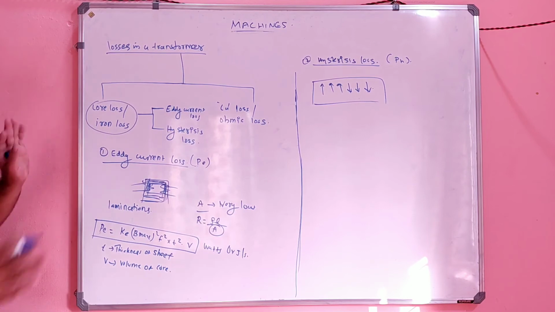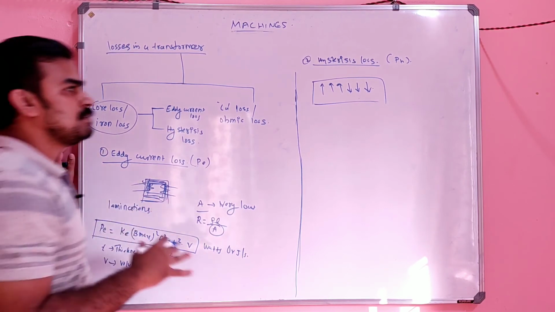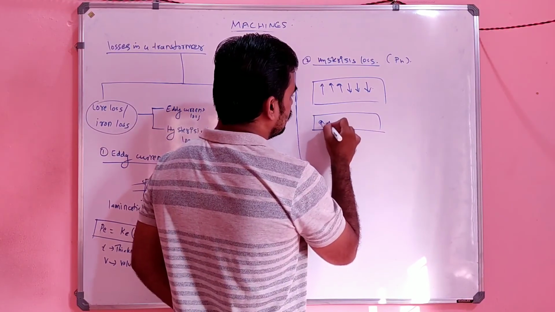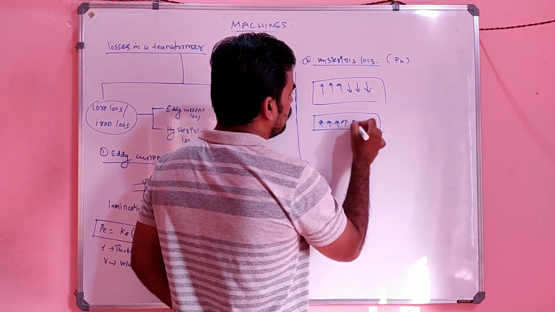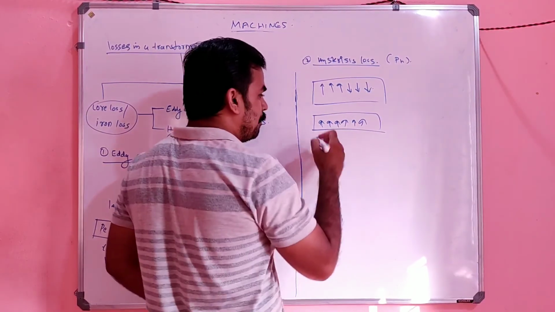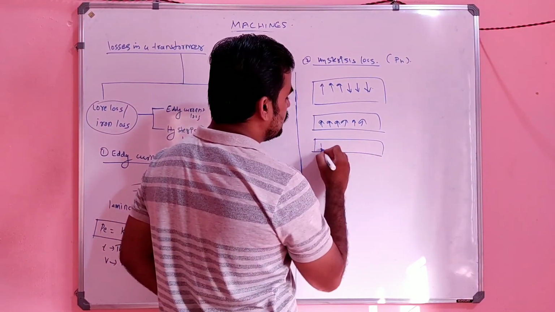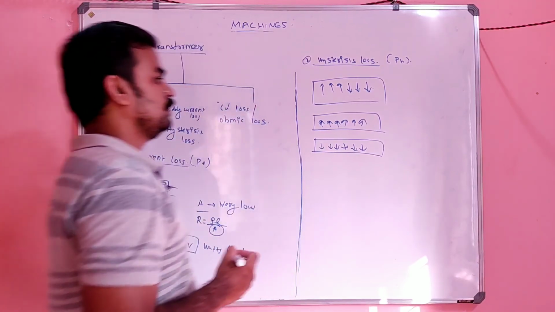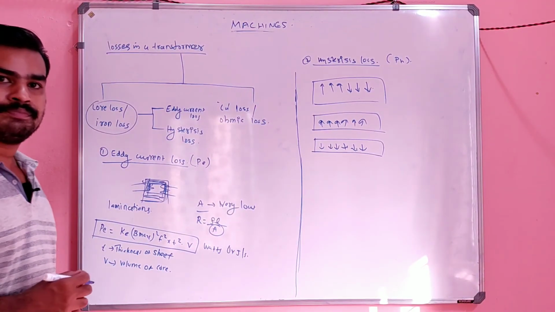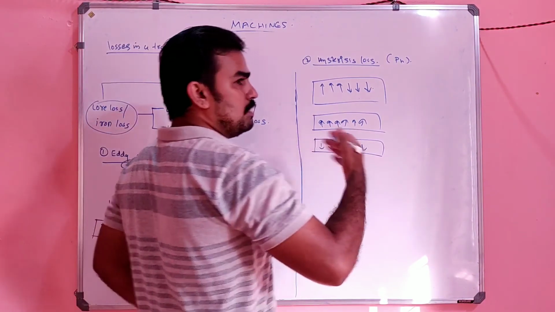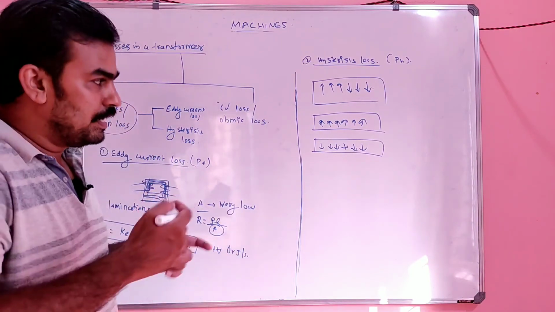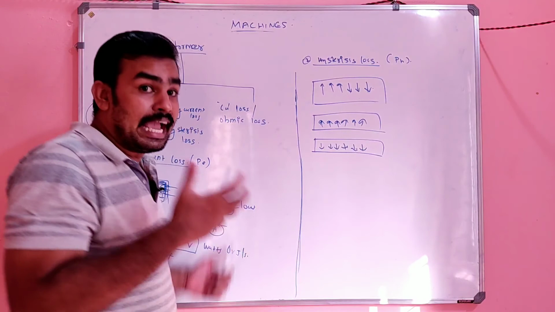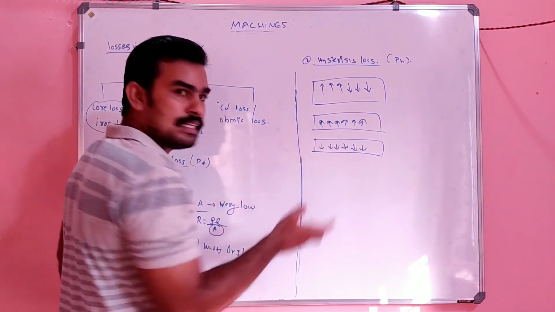That means equal positive and equal negative. If you apply some magnetic field, the dipoles are arranged in the same manner. If you apply the reverse magnetic field, they are arranged in the opposite manner but in the same pattern. If the frequency is increasing, this material doesn't get enough time for this reversal.